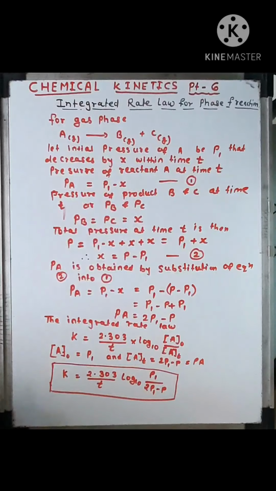P is the total pressure of the reaction mixture at time t. This P is total pressure and P1 is initial pressure. So if we know the initial pressure and total pressure of the reactant, then we can calculate the rate constant.